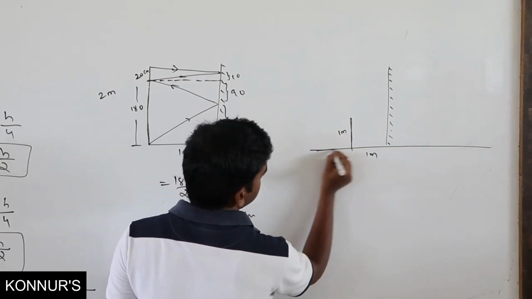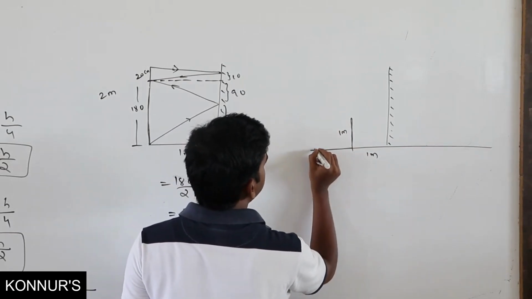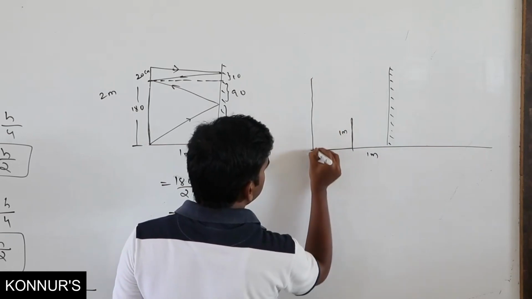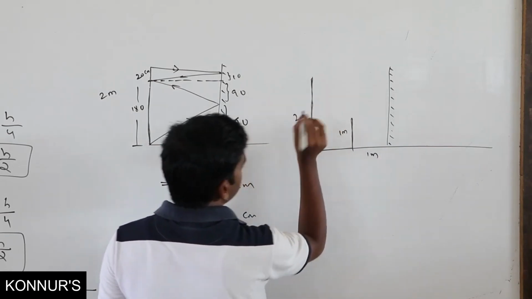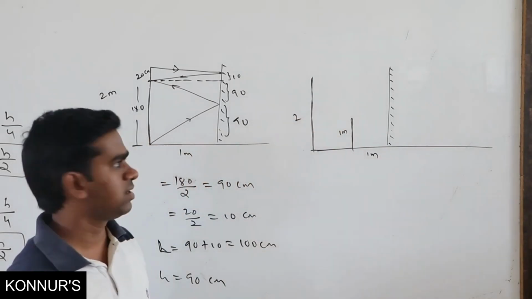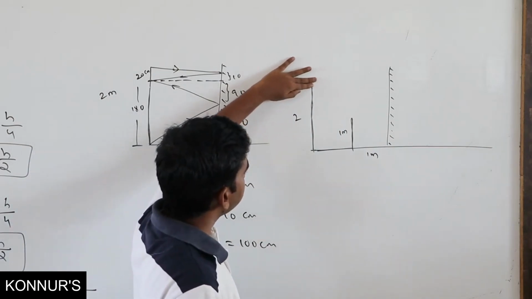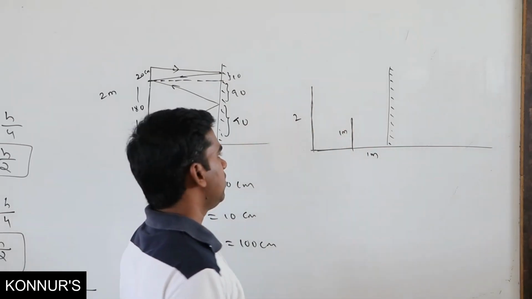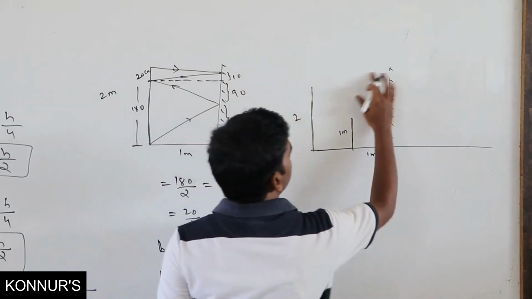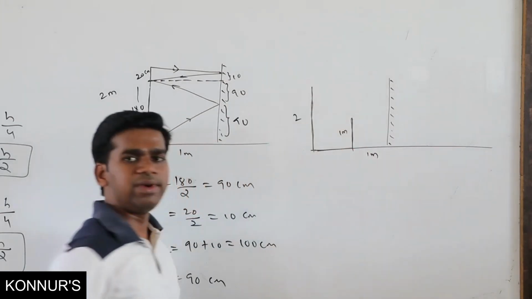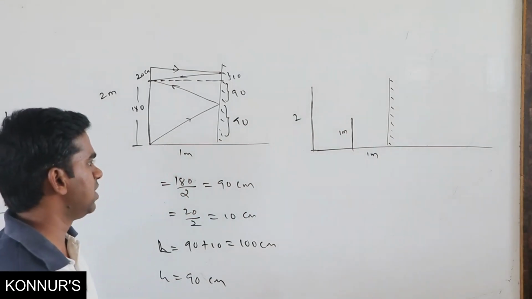Behind him there is one more person standing whose height is going to be 2 meter. This person wants to see the full image of this boy. Then how much mirror is required, or what should be the length of the mirror, or where to fix the mirror? That is the question.